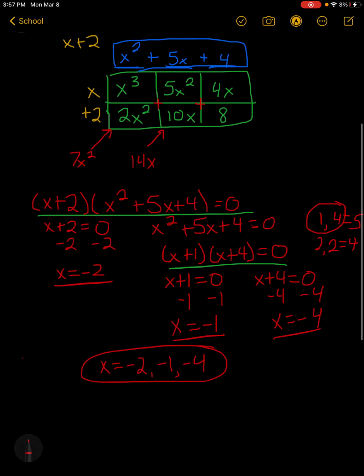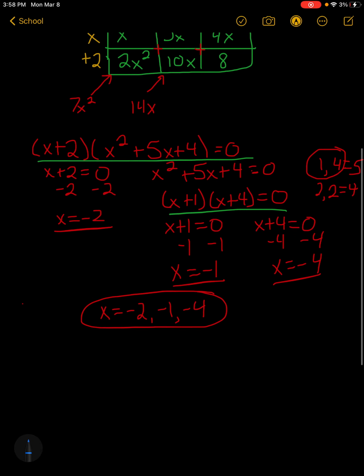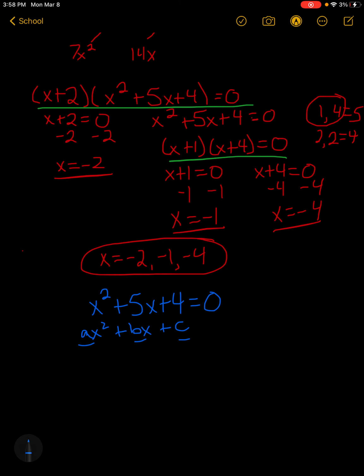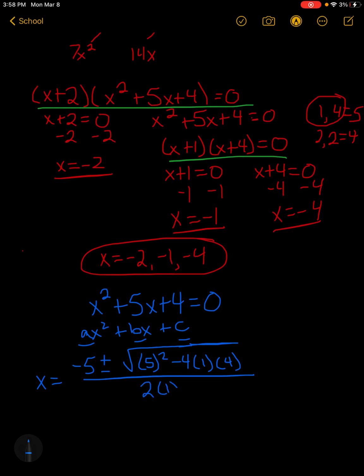Now, let's say that you didn't notice the factoring here for the x squared, or you just decided to go the quadratic equation route. So x squared plus 5x plus 4. Well, remember, this is ax squared plus bx plus c, a, b, c. Now I can use my quadratic formula. So it's going to tell me that x equals -b plus or minus the square root of b squared minus 4ac, all over 2a.